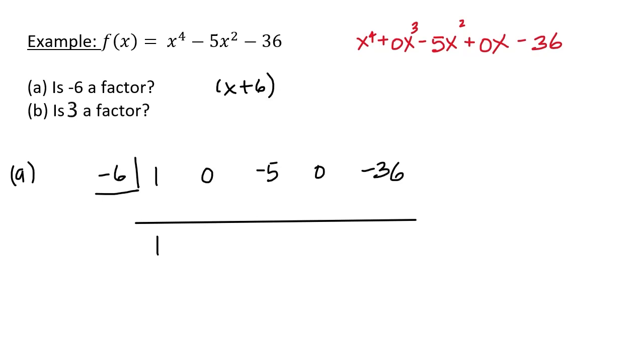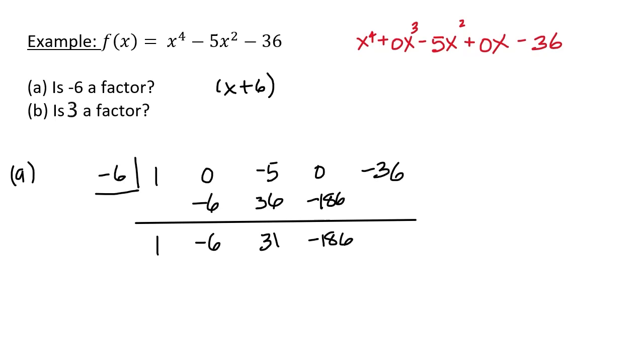So negative 6 times 1 is negative 6. 0 plus negative 6 is negative 6. Negative 6 multiplied by negative 6 is positive 36. That leaves me with positive 31. 31 times negative 6 is negative 186, so that 0 plus negative 186 is negative 186.